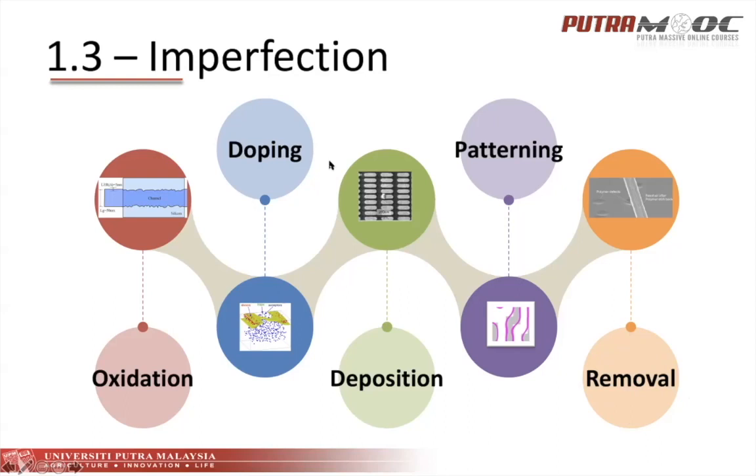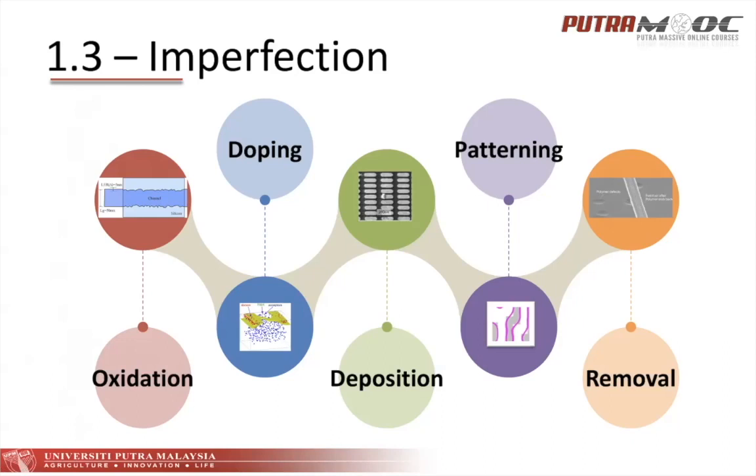Right. So as we have seen in the last class, there are many factors that can affect the manufacturing or the fabrication process involved in making the chips. For example, in oxidation, there are things to consider, like temperature. You need to control the temperature.